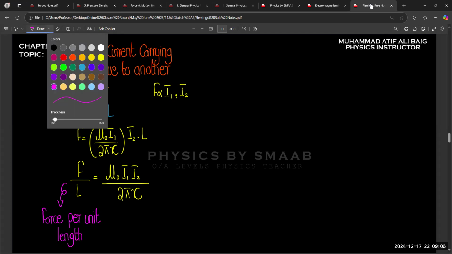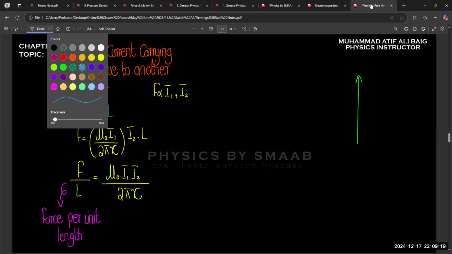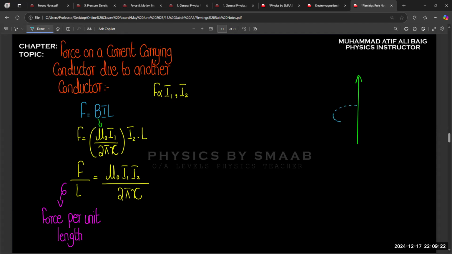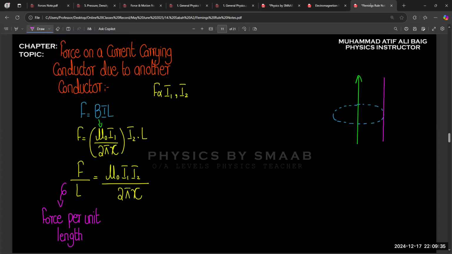Basically, for example, if you have a conductor like this, and there is a magnetic field around it like this, and a second conductor is placed at a distance over here, then there is a distance x like this, from the center of the first conductor to the second conductor. So this is x.